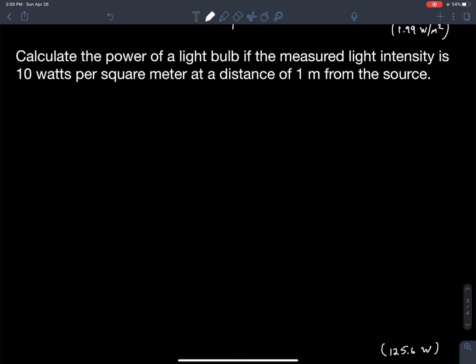Calculate the power of a light bulb if the measured light intensity is 10 watts per meter squared at a distance of 1 meter from the source. So if I have my light bulb, and I am 1 meter away, and the light intensity is 10 watts per meter squared, they want to know how many watts that light bulb is. The same formula: intensity is equal to power divided by 4 pi r squared.